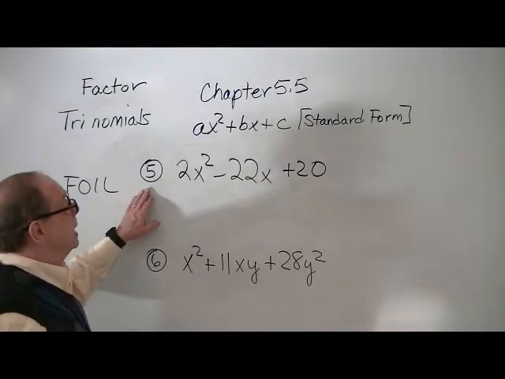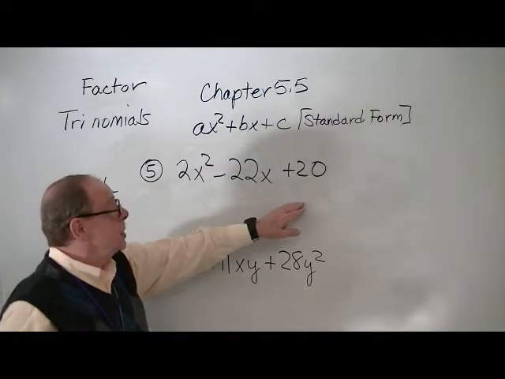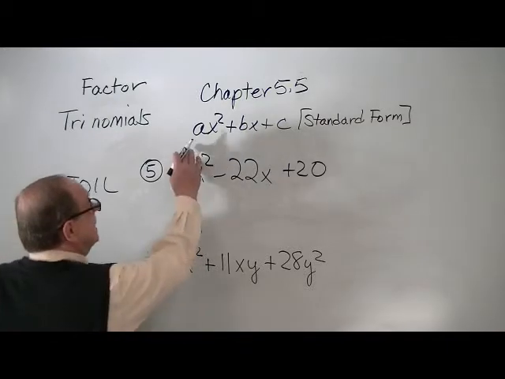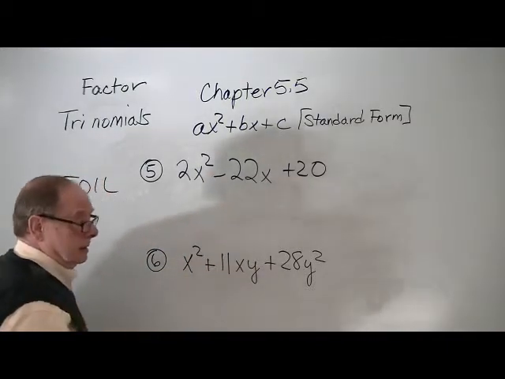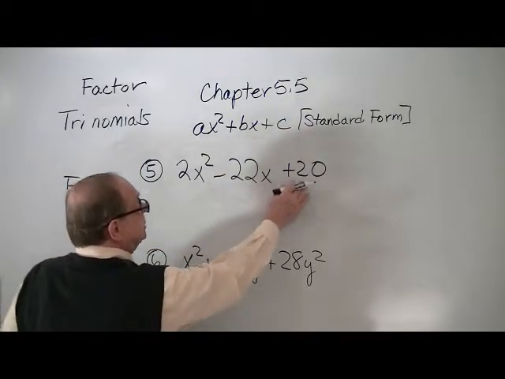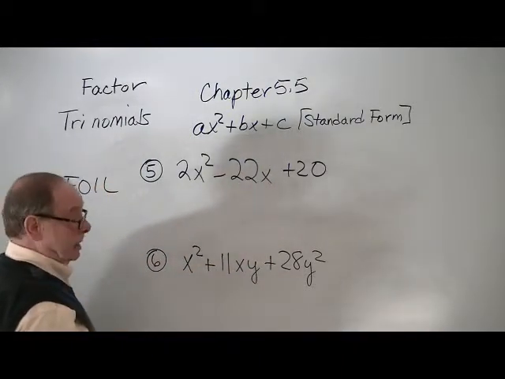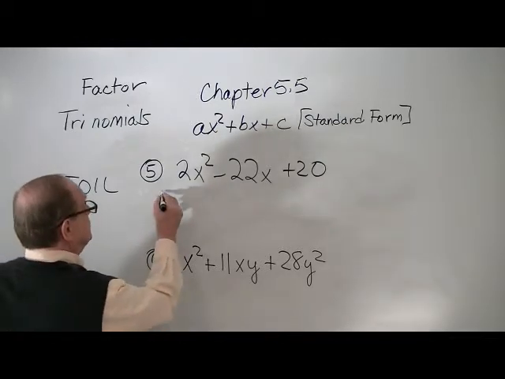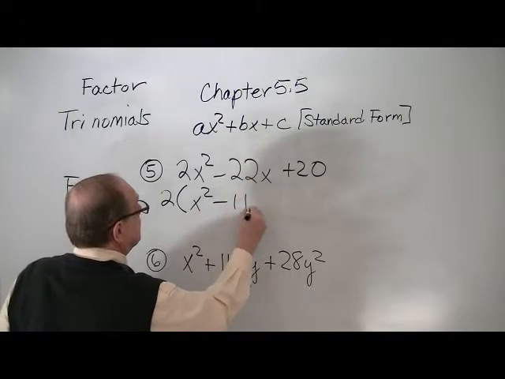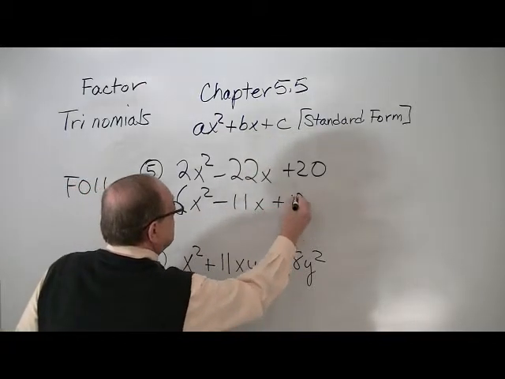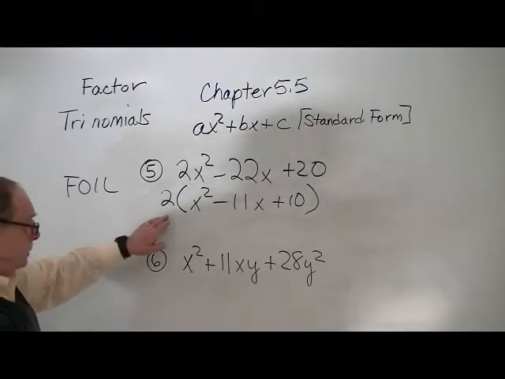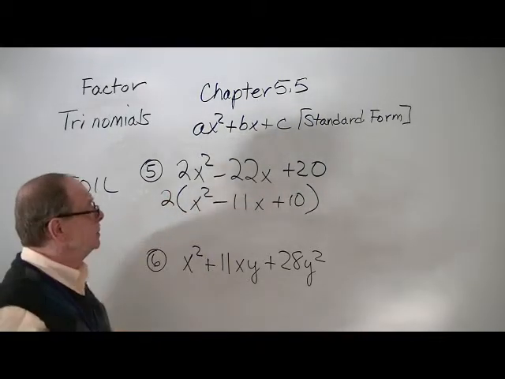So in number 5, is this expression in standard form? Yes. Is there a common factor in this expression? And the answer is yes. There's a factor of 2. So we've taken out the common factor of 2.